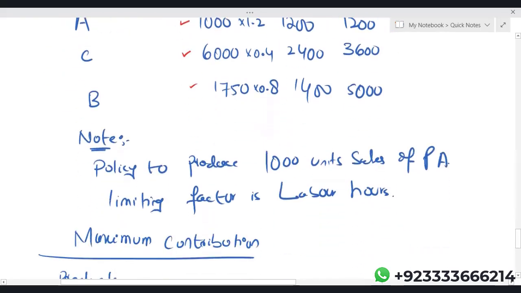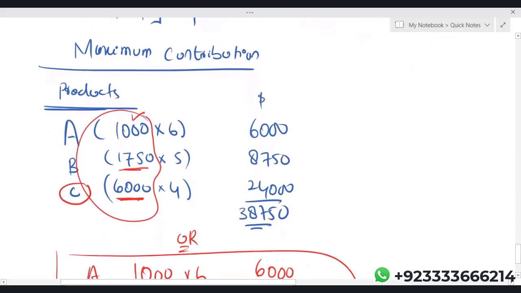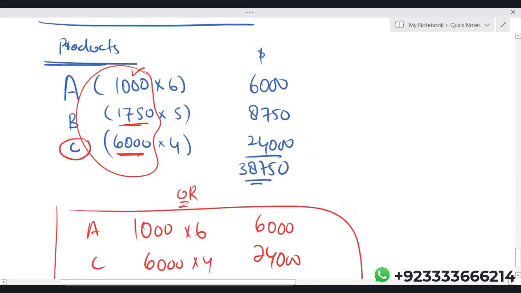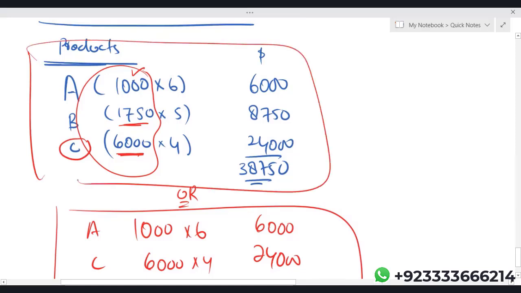So for the final answer of maximum contribution, if someone is writing ABC or ACB, it is not a problem at all. That is why I'm going with ABC. If someone is going with ACB, it is perfectly fine. It is acceptable.